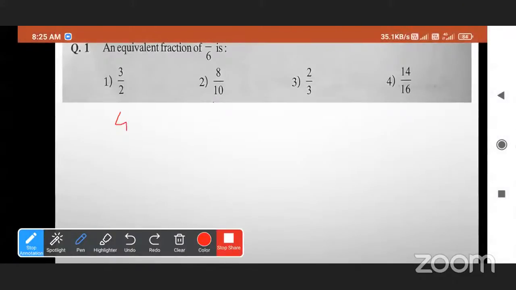First of all, we will simplify this. If we divide 4 and 6 by the same number, that is 2, what will we get? 1 upon 3... okay, so which one is equivalent to this one?